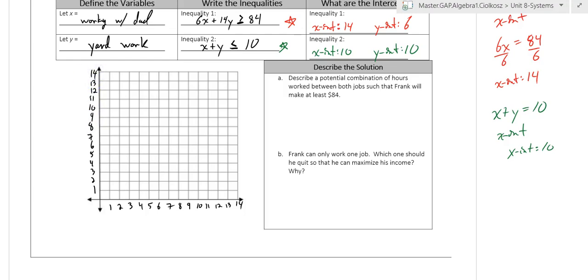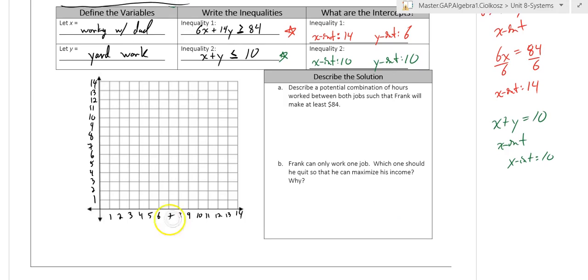Okay, so before we graph, let's go ahead and label these axes. So my x-axis here, this is working with dad. That's how many hours I'm doing that. So hours working with dad. Y is my yard work, so it's hours of yard work. Alright, now let's go ahead and graph.